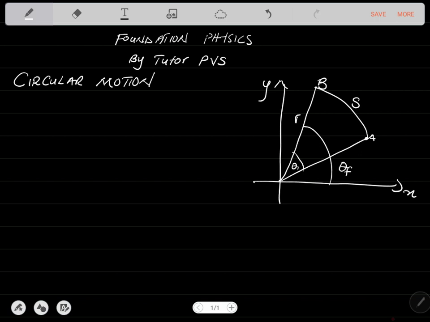So if you do recall from your additional mathematics or from your normal mathematics, you would recall that this S is just equal to r theta, that's the arc length. But the theta, in this case, is S over r. And the theta is what we are calling the angular displacement. So as you move from A to B, you can see that there is a change in the angle.